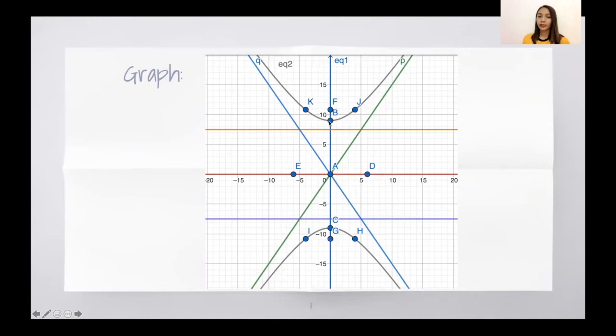Ito yung vertices. Ito yung endpoints of the latera recta. So, itong color orange and color violet, yan yung directrices. Itong line na color green and line na color blue, these are the asymptotes.